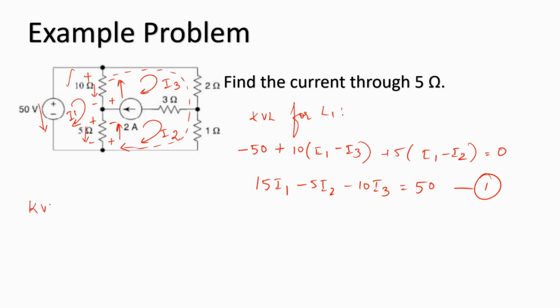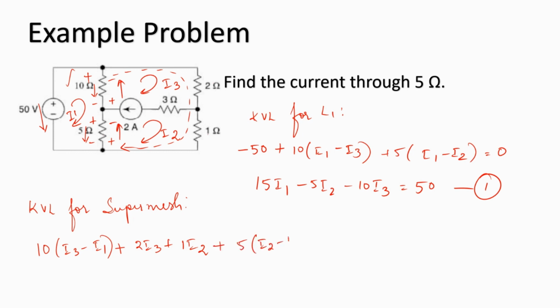Now we can apply KVL for the super mesh that we have considered over here. So the super mesh consists of the 10 ohms, the 2 ohms, the 1 ohm, and this 5 ohm. So considering the super mesh in this direction, we have 10 into (I3 minus I1) plus 2 into I3 plus 1 into I2 plus 5 into (I2 minus I1) put together is equal to 0.